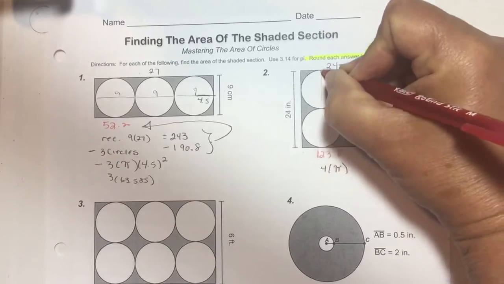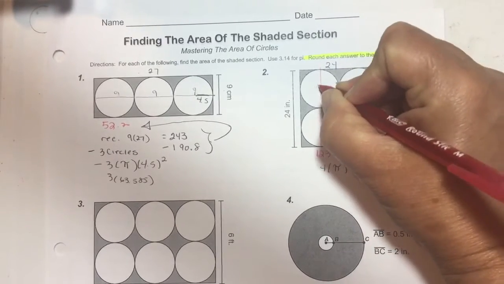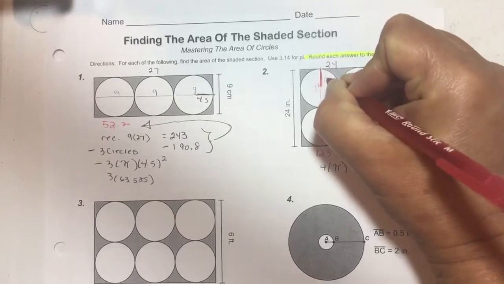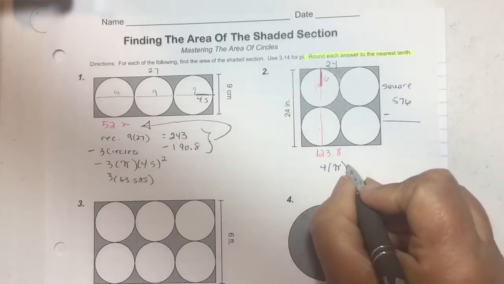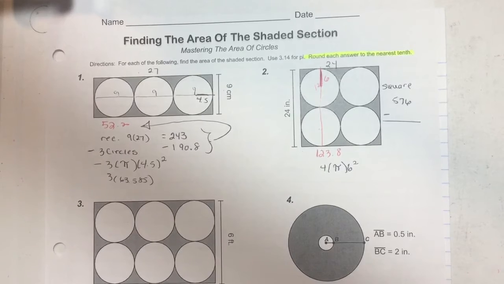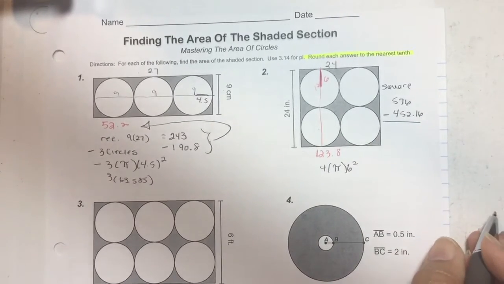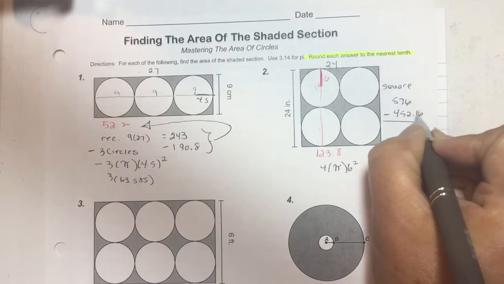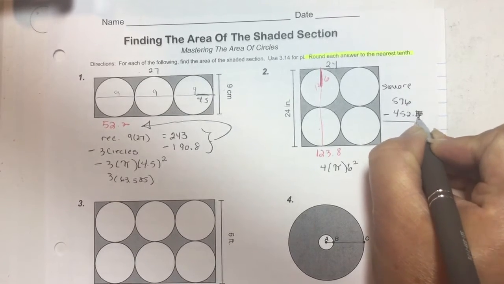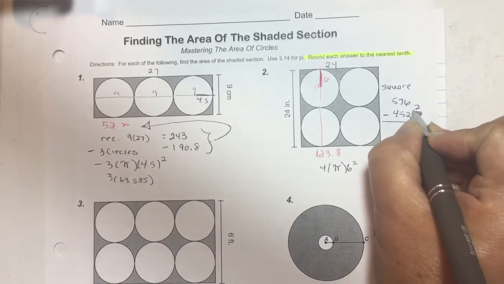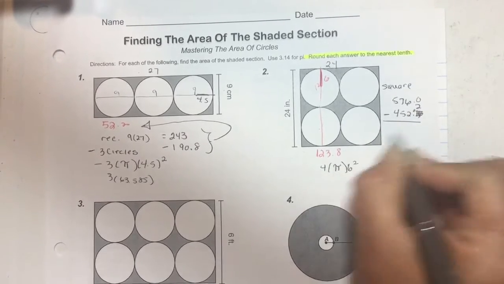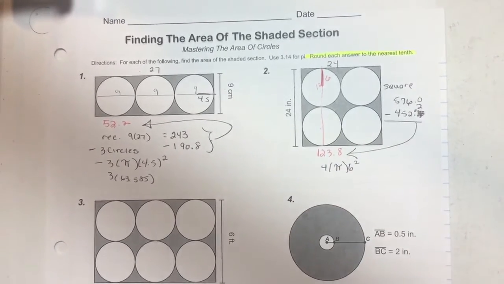Well, remember the diameter is 12, so the radius is 6. 6 squared times pi is 113.04, but I have 4 of them. So multiply by 4, and I have 452.16. Okay, now it did say round it to the nearest tenth, so it would be best if I made that 452.2. And then as you can see, the 10 minus 2 is going to give you the 0.8. So there's your answer.